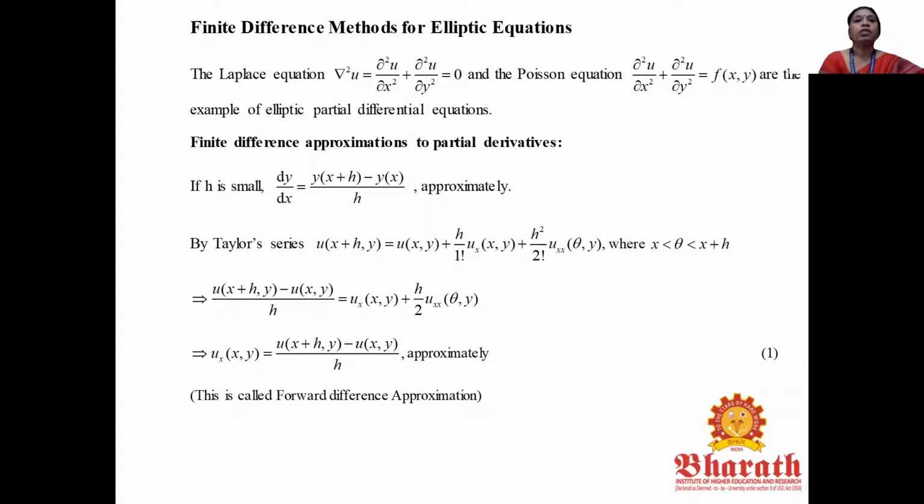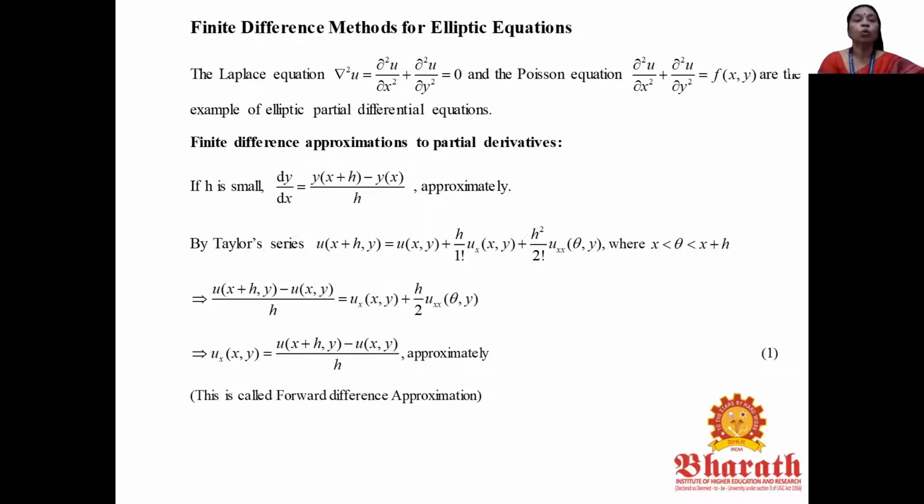So that implies u of x plus h comma y minus u of x comma y by h is equal to ux of x comma y plus h by 2 into u double x of theta comma y. That is, from the RHS we are taking one h to the LHS.